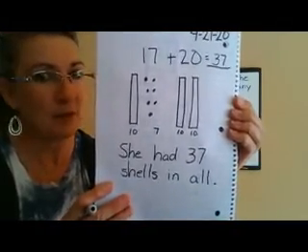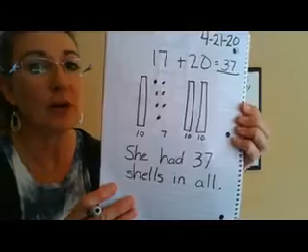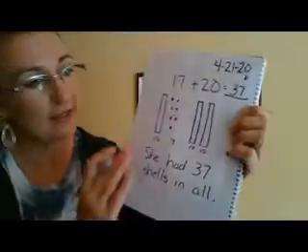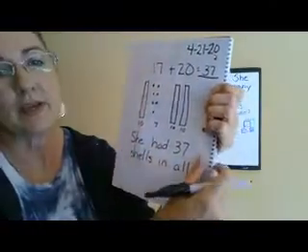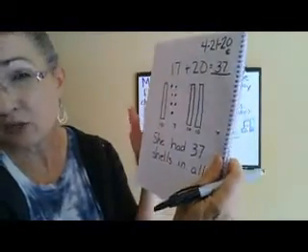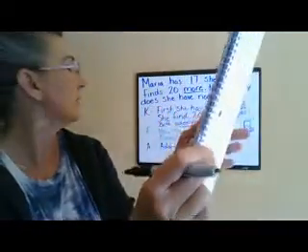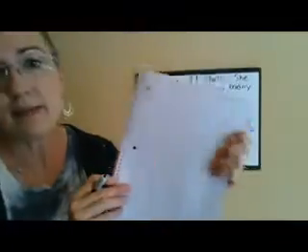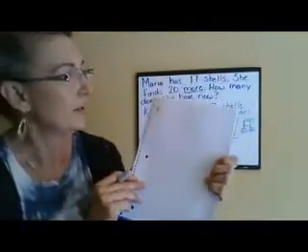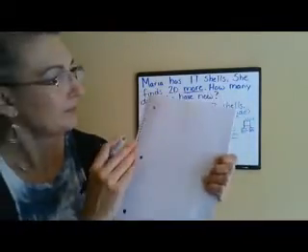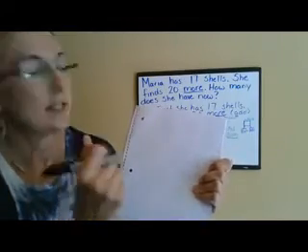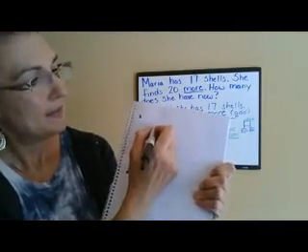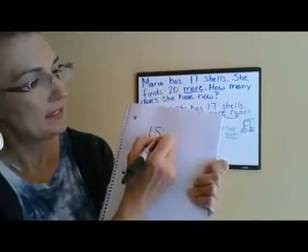Now I'm going to give you a challenge one so that you can work on it on your own. I want to see you labeling your tens. I want to see you counting your ones. I'm not going to write the story down, I'll tell you the story. Okay, let's see. This time when Maria goes to the beach or goes to the river, she finds 18 shells.